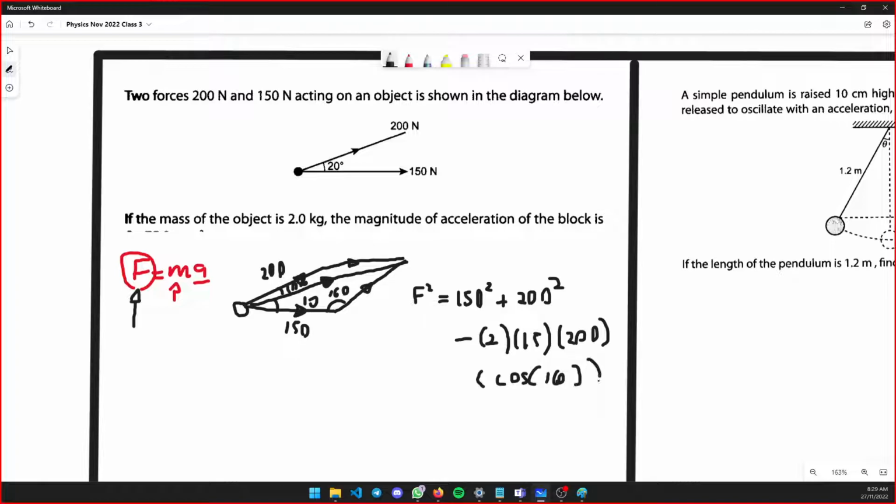Okay, then can anyone tell me where this formula comes from? I think it's very familiar. Yeah, cosine rule. It's the cosine rule.